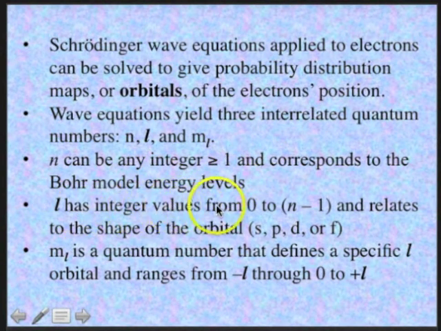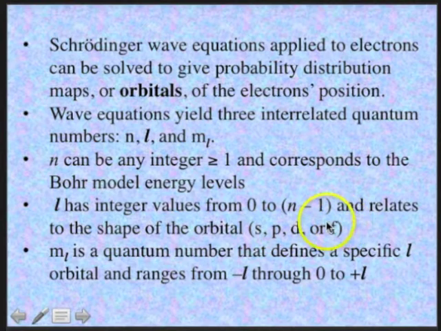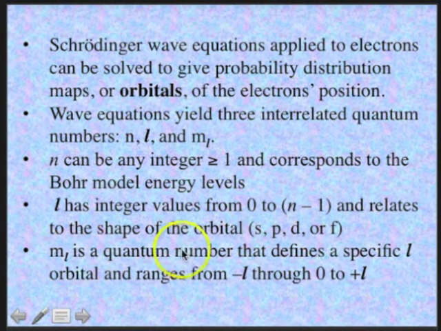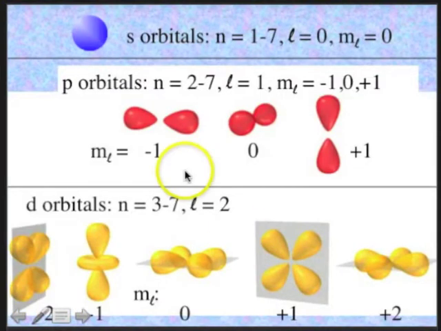L has integer values from 0 to n minus 1 and relates to the shape of the orbital. The shapes are given letters to designate them, s, p, d, f, corresponding to l values 0, 1, 2, and 3. M sub l is a quantum number that defines a specific l orbital and ranges from minus l through 0 to plus l. So what do these shapes look like?